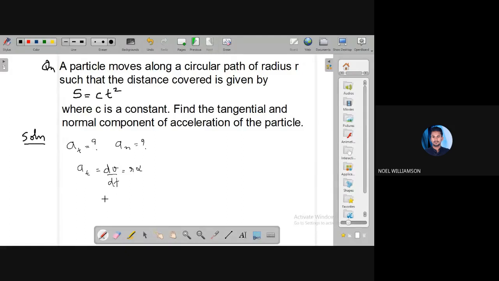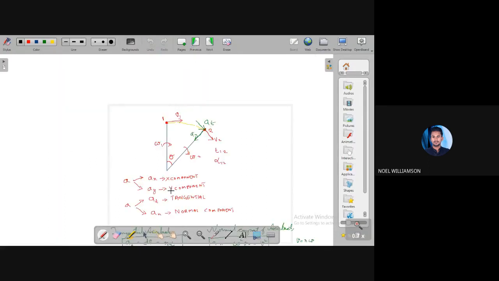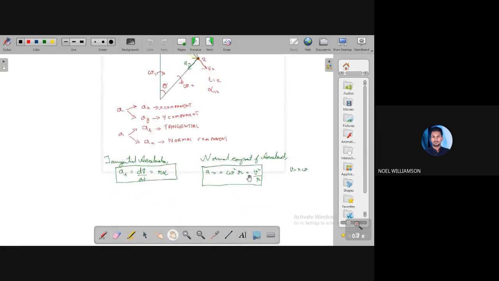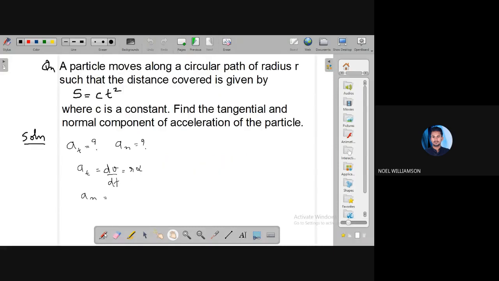Then AN we have omega square R, and also V square by R. So we write omega square R or V square by R. Just write this.